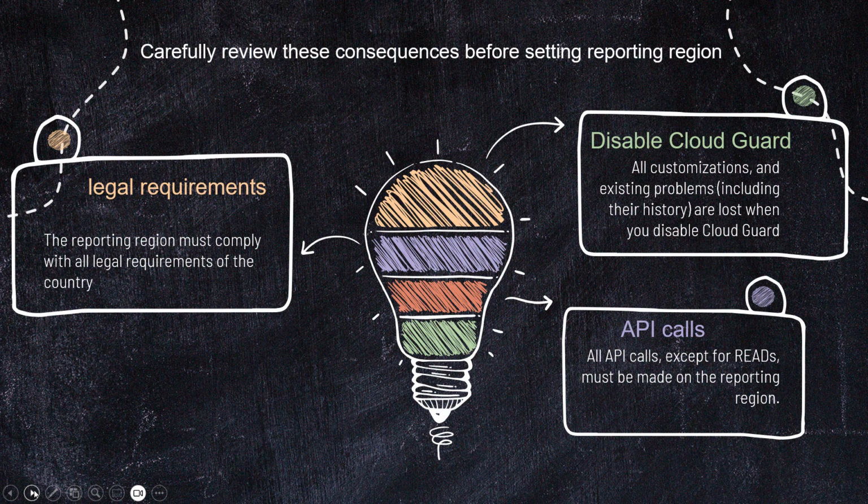So you should be very careful before you disable Cloud Guard. And API calls, except reads, must be made on the reporting region. So if you have Phoenix or Ashburn, and you have enabled it in the primary region, the read should be done on the reporting region for any API calls.